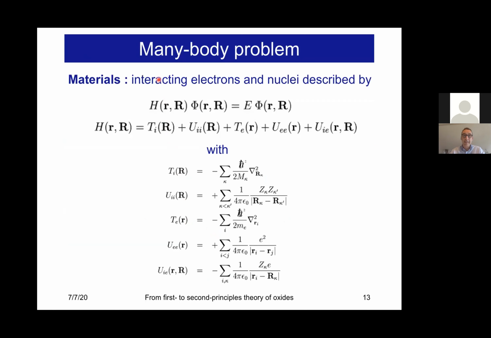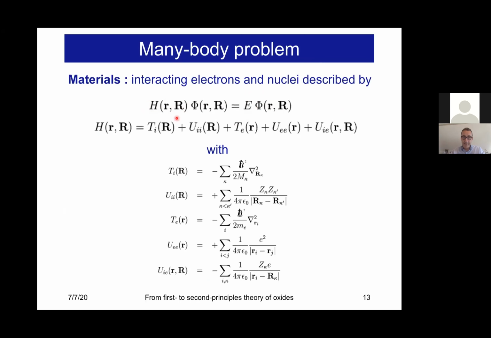And so basically, if we want to study the properties of a material, and that's the dream of first principle simulation, it is basically to address the properties of these electrons and nuclei from their quantum mechanical treatment. And so solving basically the Schrödinger equation associated to this interacting system, we should get the energy and the many-body wave function of the system.